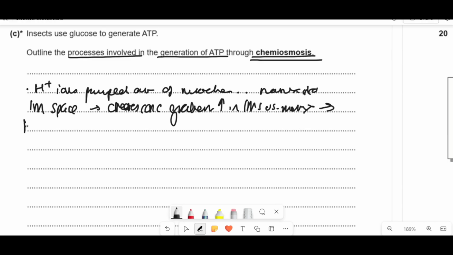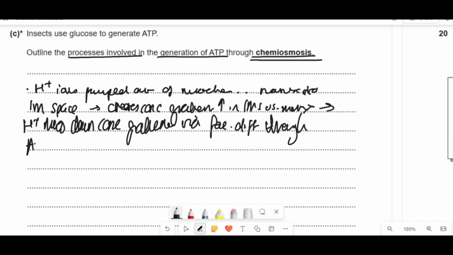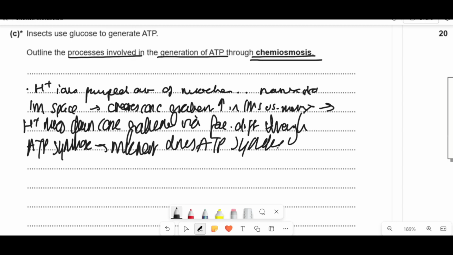So then H plus moves down the concentration gradient via facilitated diffusion through ATP synthase, and this movement drives ATP synthesis from ADP and Pi, and there you go.